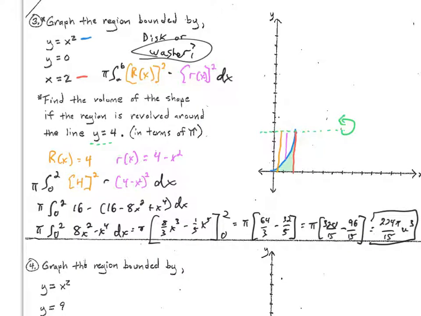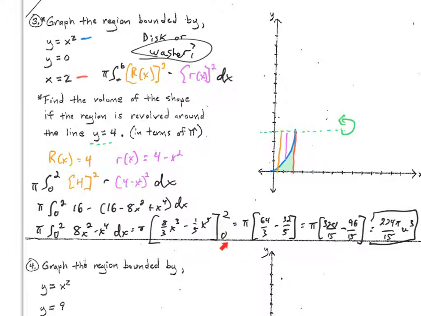All right, now we're back, and you see my final solution here is 224 pi over 15 cubic units for that particular volume. Just a quick recap here, because I want to keep this short and get back to that game. Here's the foiled out version right here, and then I combine the like terms, and then I do the antiderivative, so I get 8 thirds x cubed minus 1/5 x to the fifth, evaluated at 0 and 2.